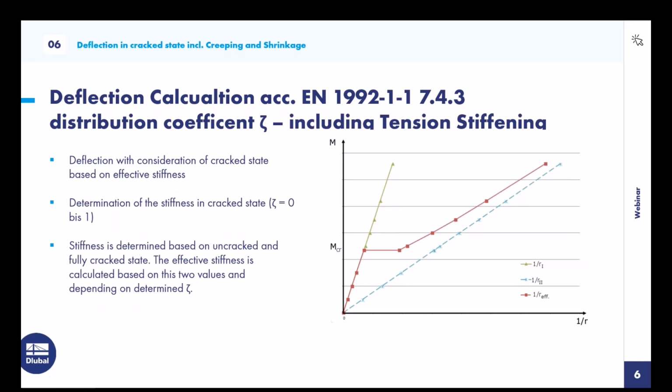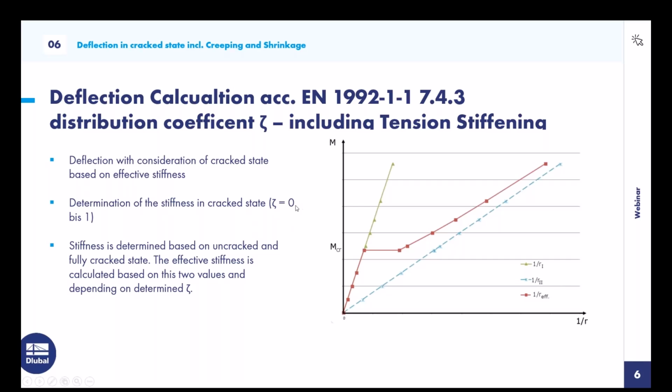I have also the option to use the calculation including tension stiffening. This is our default setting, so if you do not change it, the program automatically always calculates the deflection considering the effect of tension stiffening. So this means there's not only the completely uncracked or completely cracked state, there's a state in between. So the deflection is calculated based on an effective stiffness. This means this distribution coefficient could not be only 0 or 1.